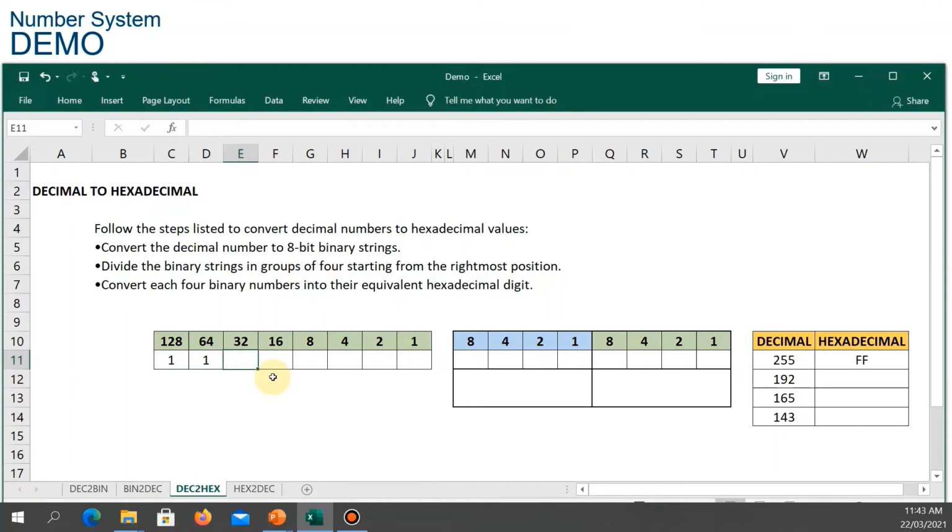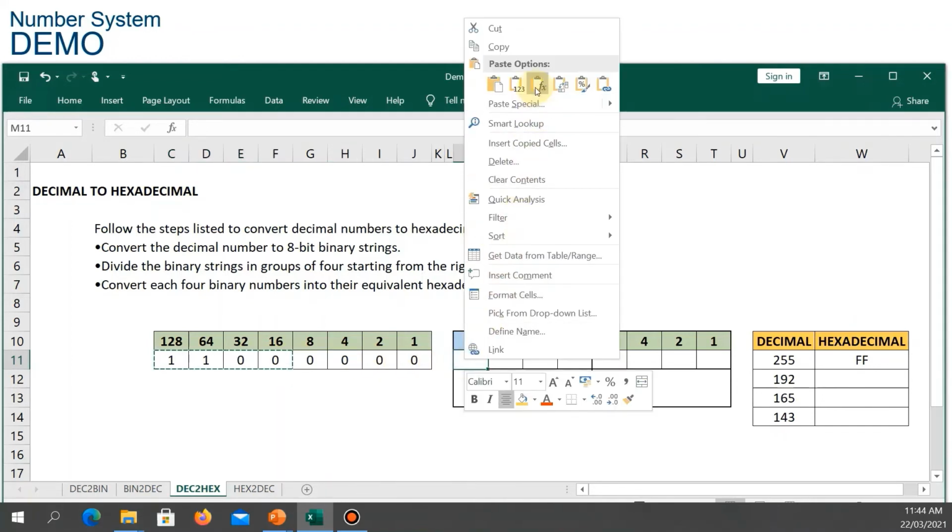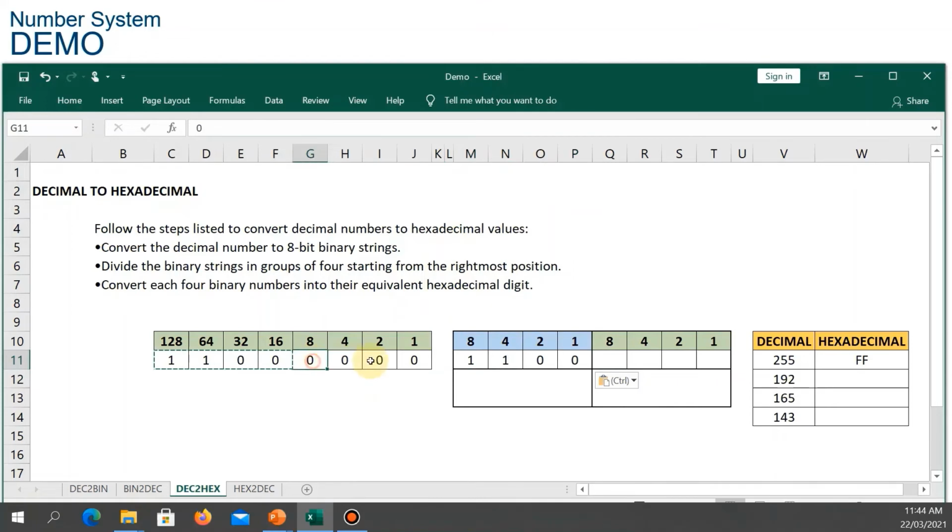That means the rest of the positional values should be given 0. We simply group this into 2 groups, first group and second group.